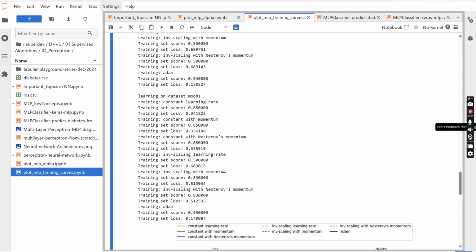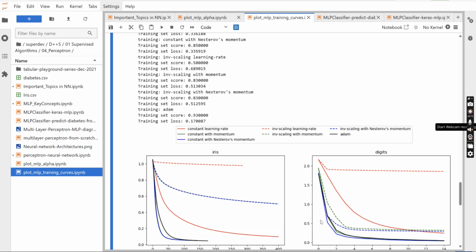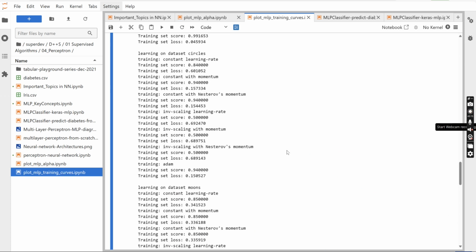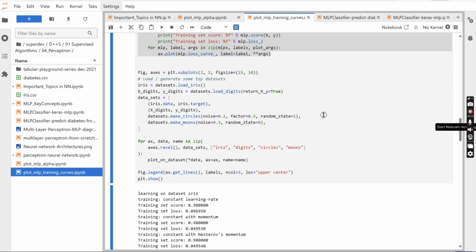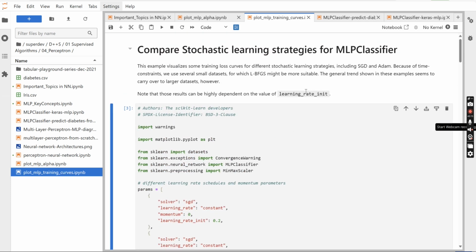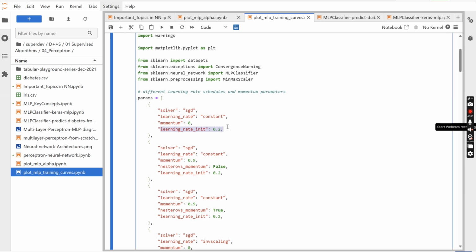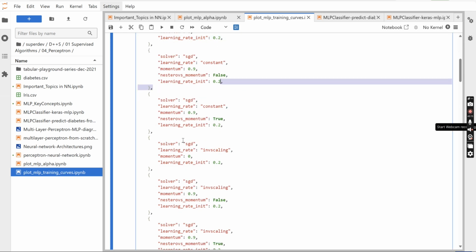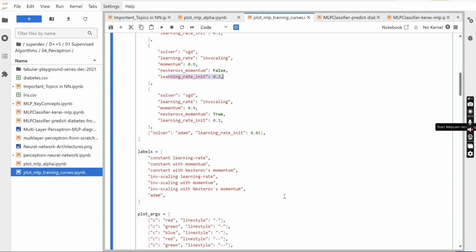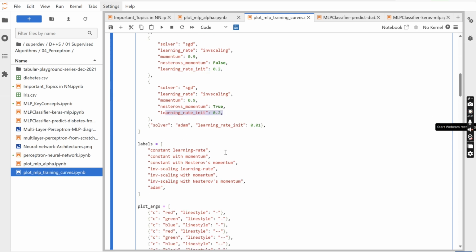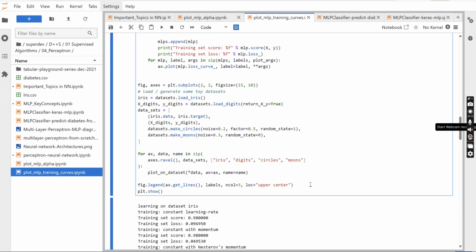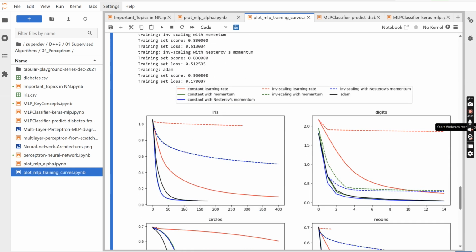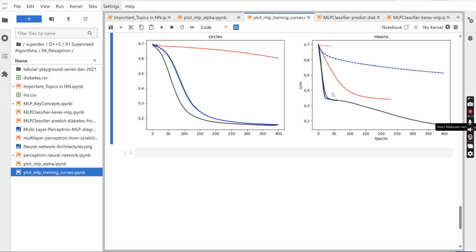And the learning rate initialization, as you can see, we set it to 0.2. That is the best value. Did you understand how different solvers are decreasing the loss functions now? So this way you can choose Adam. Adam is a go-to solver.